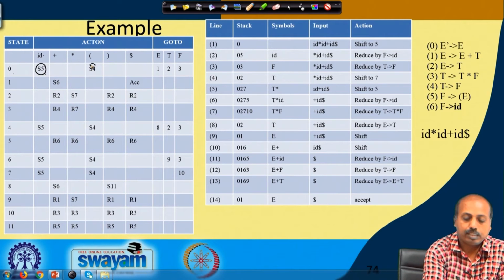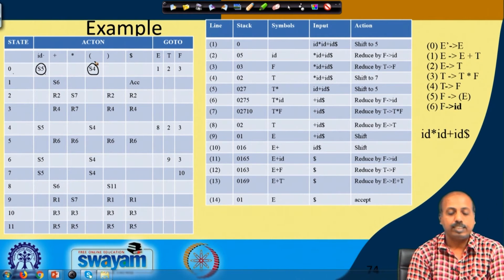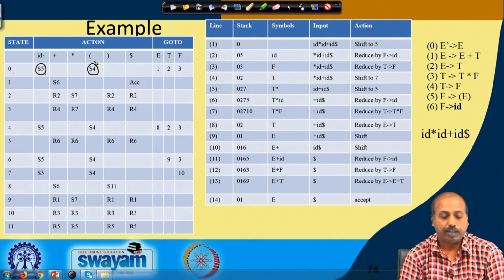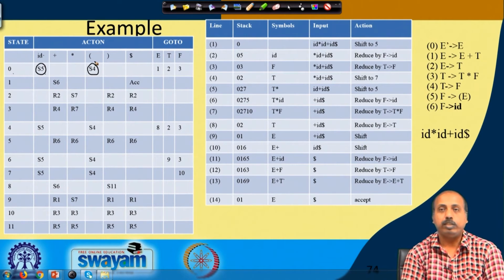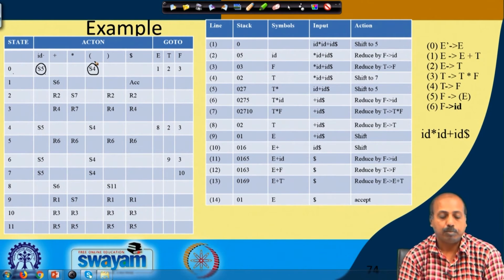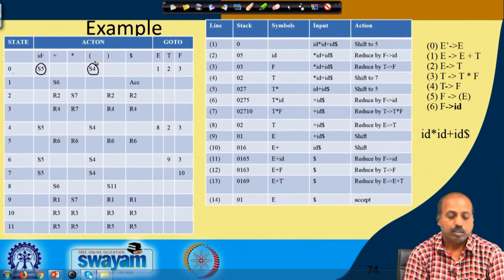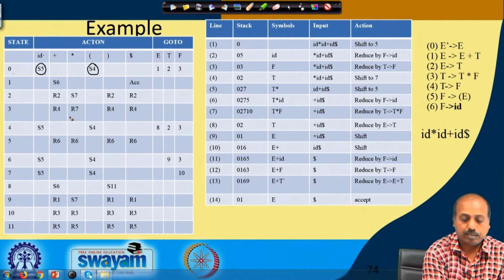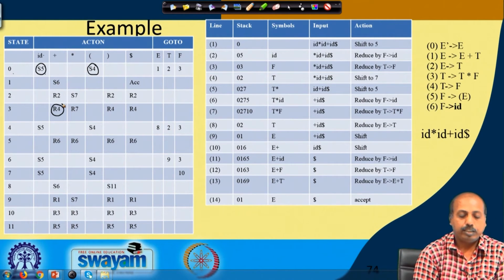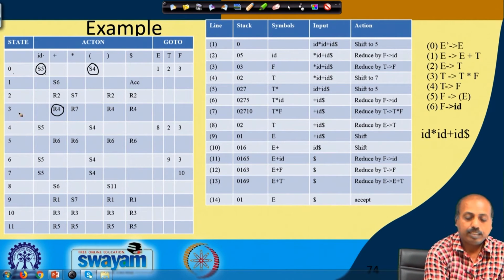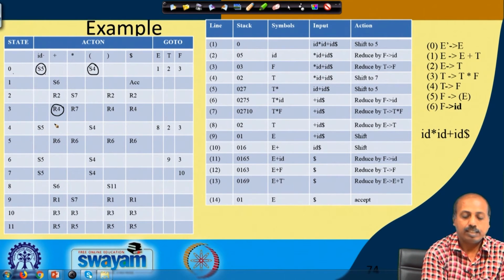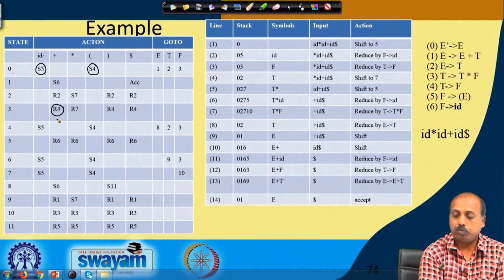Similarly, this is S4, that means if in state 0 you find open parenthesis, you will do a shift operation and it will come to state 4. Now, this one, R4, it tells that in state 3, if the input is star or if the input is plus, then you have to apply reduction rule number 4 for doing a reduction.